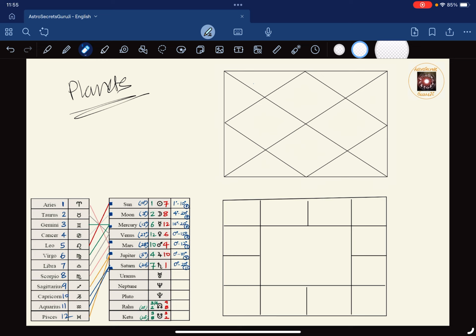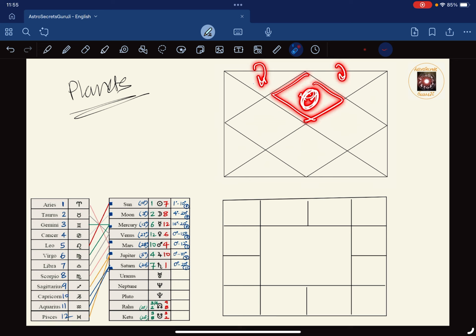Now when it comes to different planets, there are malefic planets and benefic planets. In Vedic astrology there is a lot of focus on whether it is a malefic planet. So if there are two malefic planets and there is a benefic sitting in between, then it becomes troublesome for the benefic to give good results.